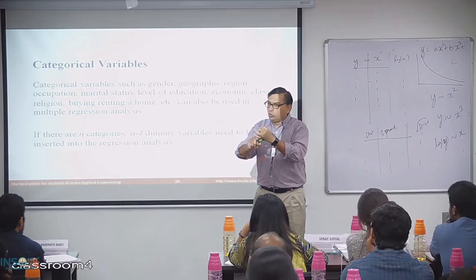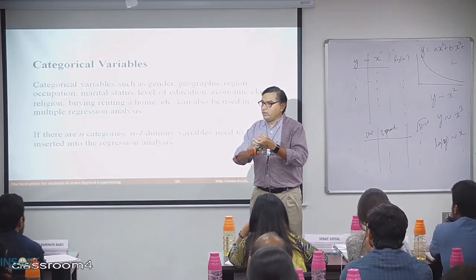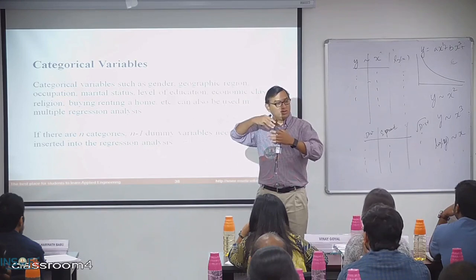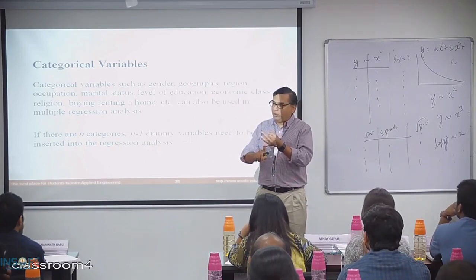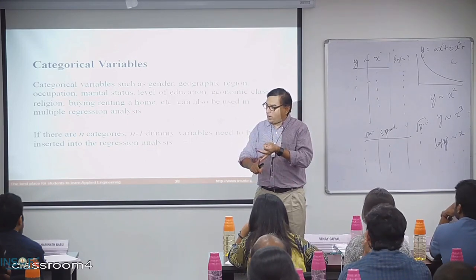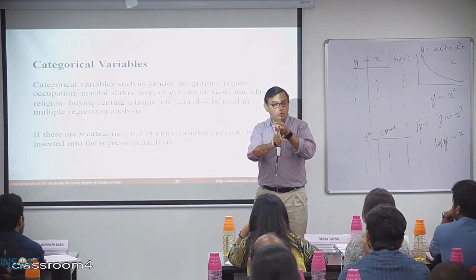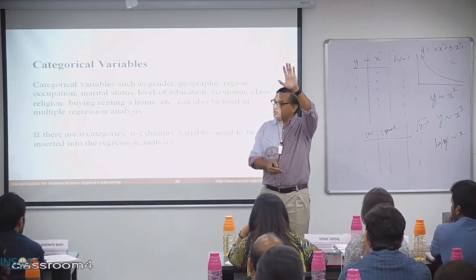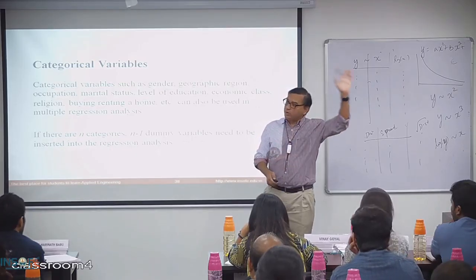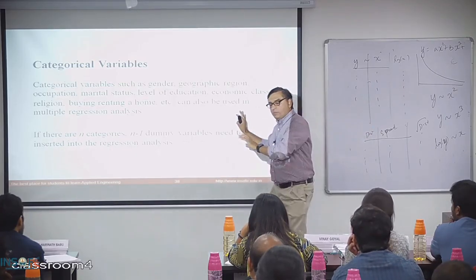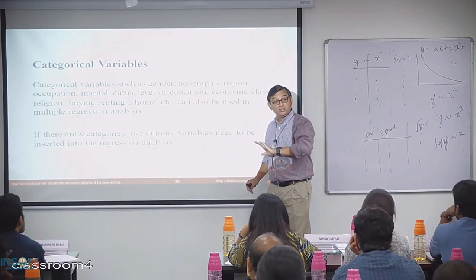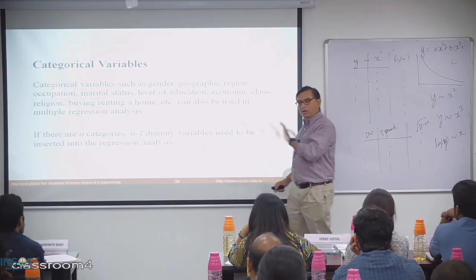Those are the two categories that I gave. You can imagine a situation where your data set has multiple categories: a single family home, apartment, or maybe a houseboat. I don't know what other categories. It is possible that there are some categorical variables that have multiple categories. The method I'm suggesting applies for all of those cases. No matter how many categories are there in your categorical variable, it can handle it.